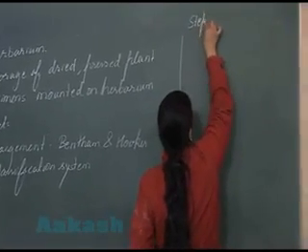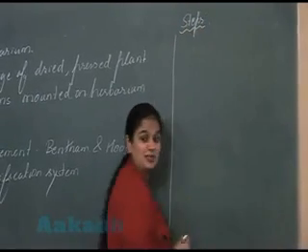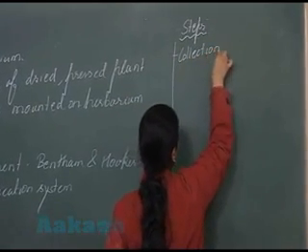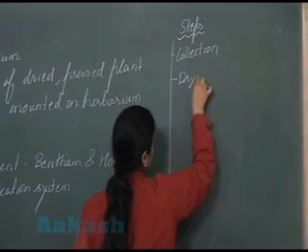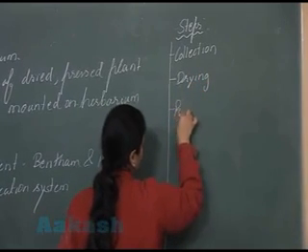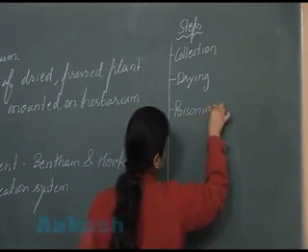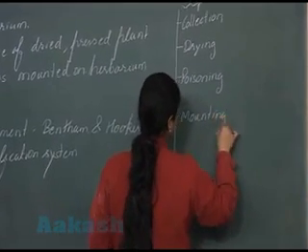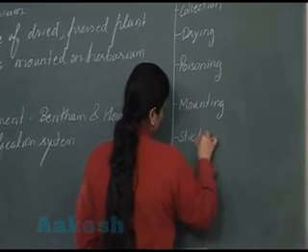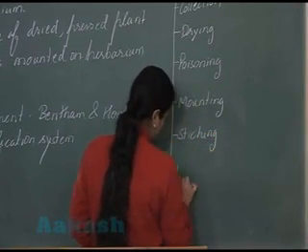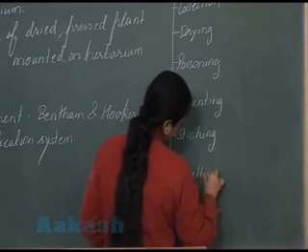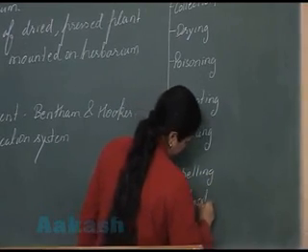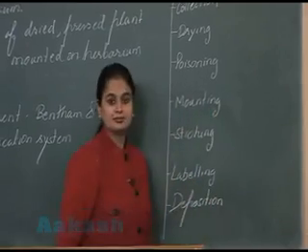Steps required for the formation of herbarium specimen. First one, collection, drying, poisoning, mounting, stitching, labeling, and deposition.